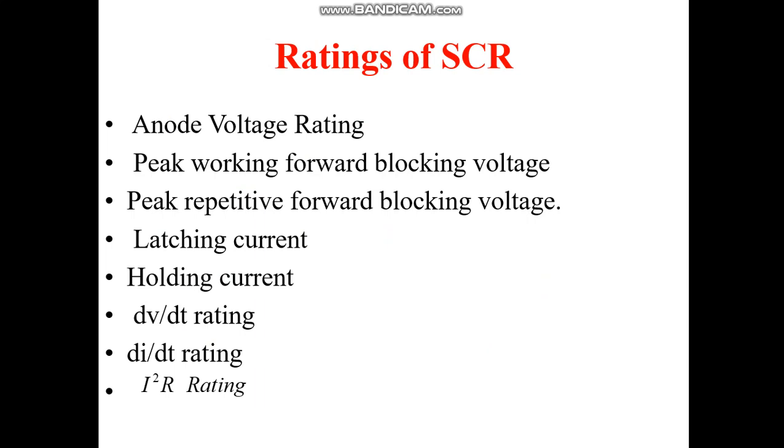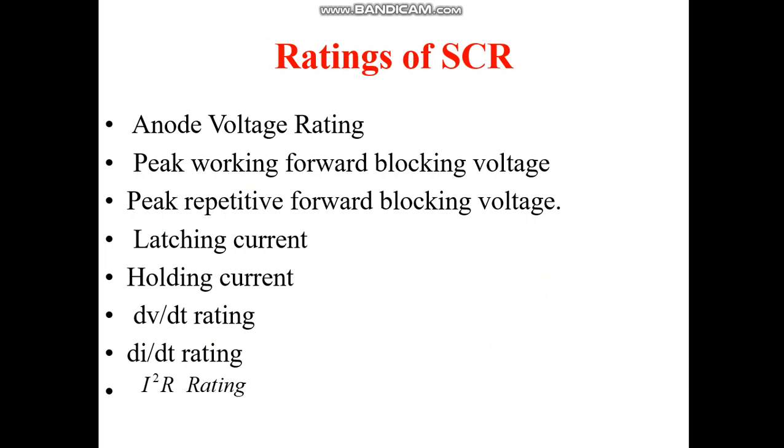If the turn on time is more, the device will be in the off position for more time, which may increase the losses. So for better operating conditions, the device should be quickly turned on and quickly turned off, so that we get more power output and efficiency will be high.